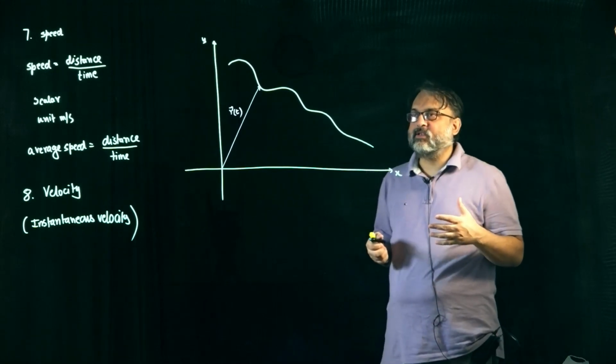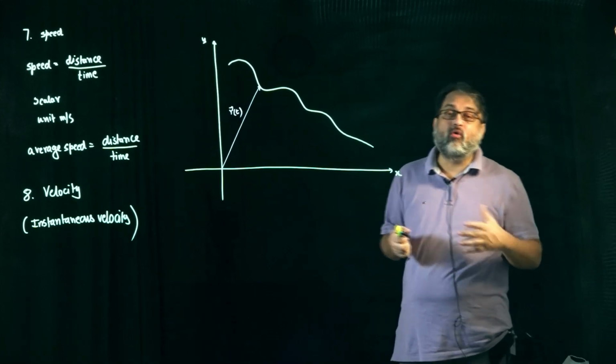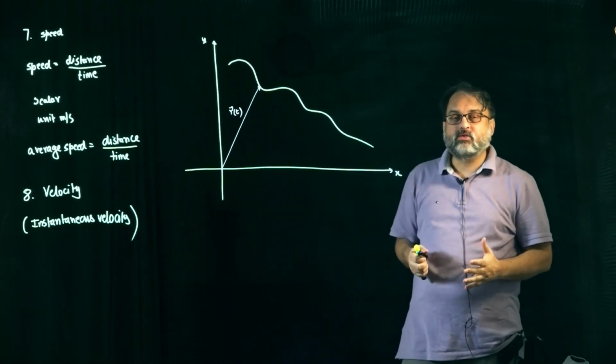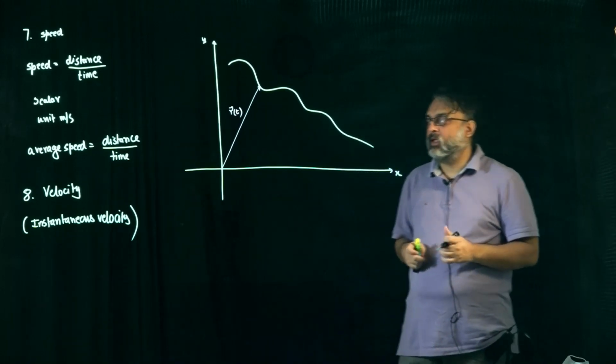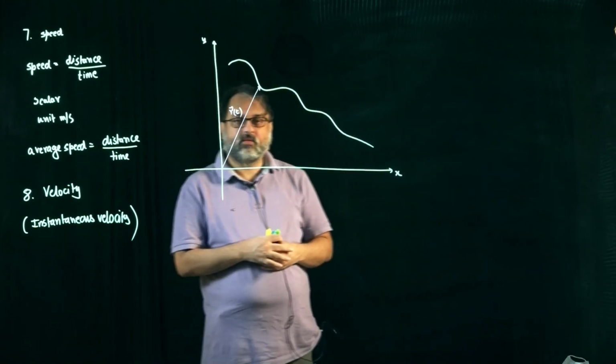So average velocity is doing what? It is looking at the overall picture of motion. It is not bothered with the details of motion, right? So I went from here to my home, okay?